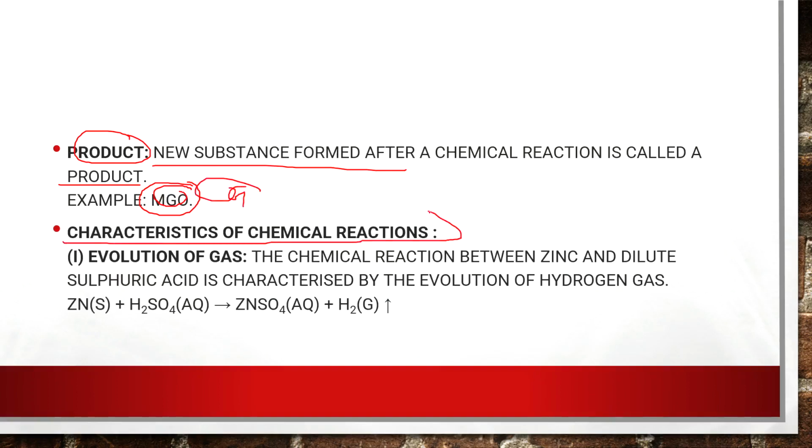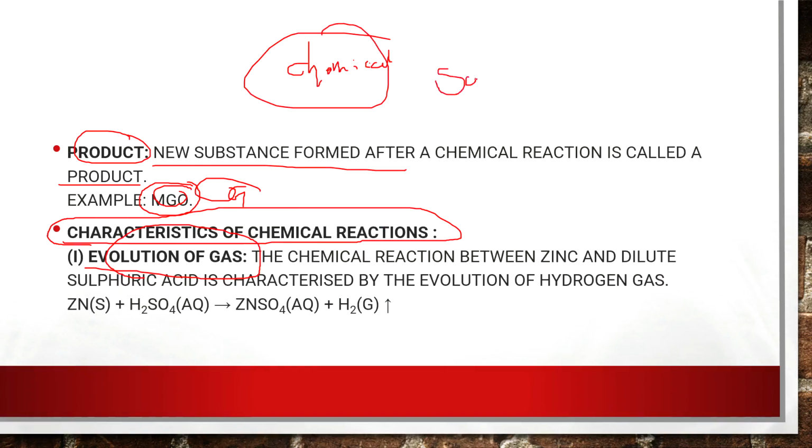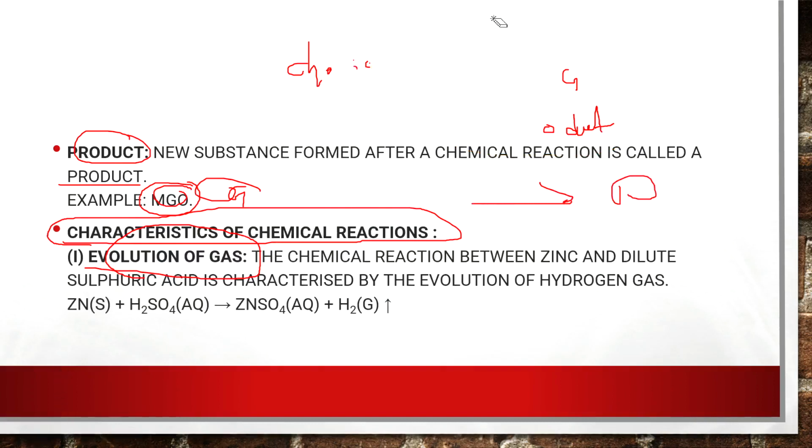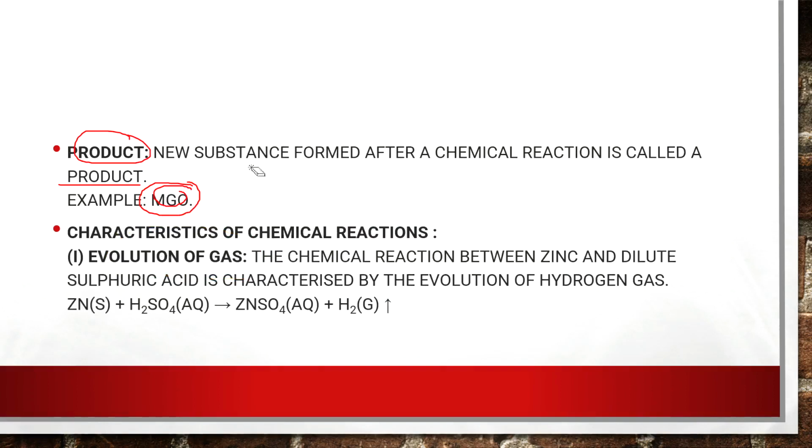that is also very, very important regarding our study in chemical reaction. One is evolution of gas. So in which chemical reaction evolution of gas takes place? इसमें नया प्रोडक्ट जो होता है वो solid, liquid, गैस, तीन स्टेट्स में प्रोडक्ट का फॉर्मेशन होता है. केमिकल रिएक्शन का जो प्रोडक्ट है वो तीन रूप में, या फिर तीन मैटर्स में फॉर्म होता है, whether it is a gas state or whether it is a solid state or whether it is in liquid state.